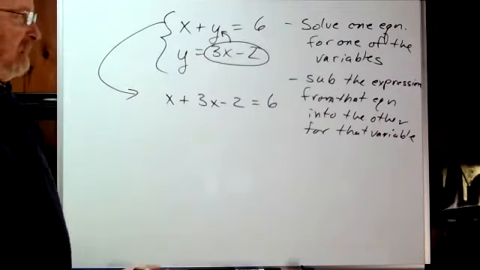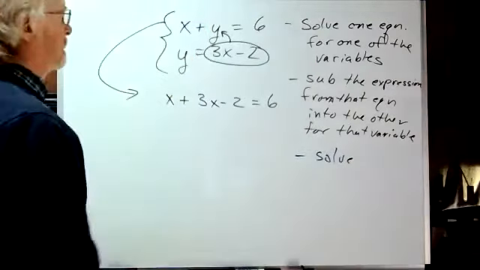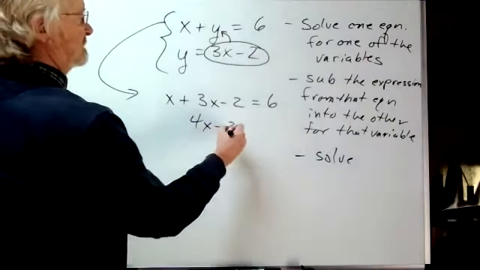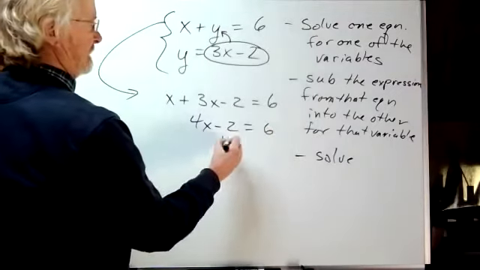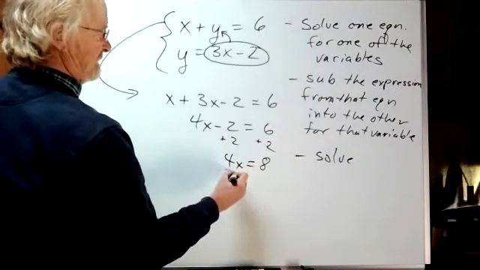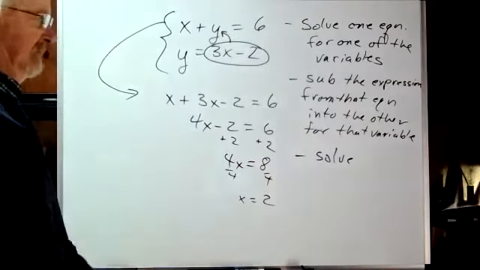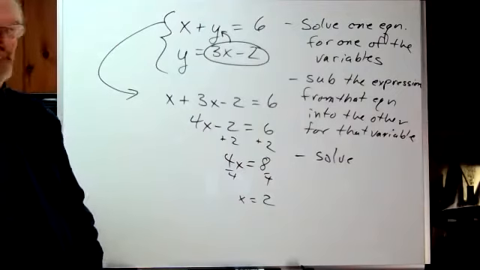Now I've solved. So what do I have? 4x minus 2 is 6. Add the 2. 4x equals 8. Divide by the 4, x equals 2. Stop, make sure you catch up.